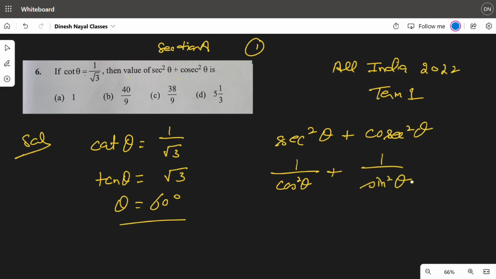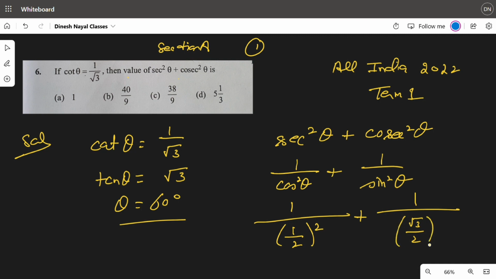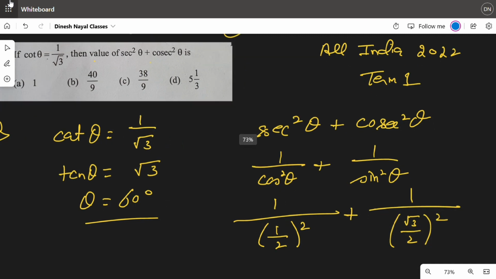So we have to substitute theta as 60 degrees. Cos 60 degrees is 1 by 2, so 1 upon 1 by 2, all squared, plus similarly 1 upon sine 60 degrees, which is root 3 by 2, so 1 upon root 3 by 2, all squared.